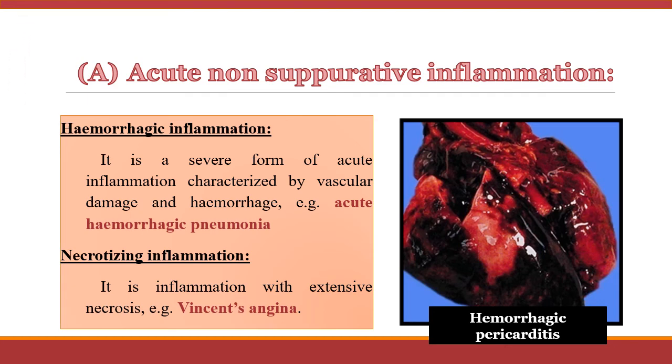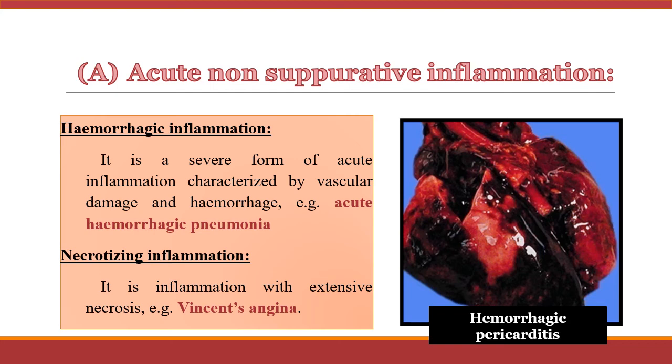What is Vincent Angina? It is one of the conditions that lead to painful ulcers or painful inflammation in the mouth and the throat that is caused by certain organisms. And it is characterized by increased tissue necrosis.